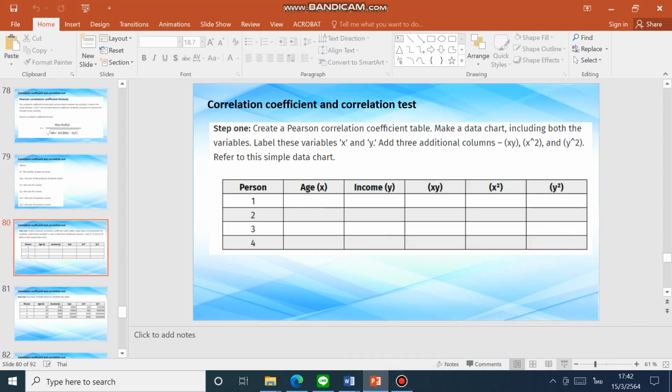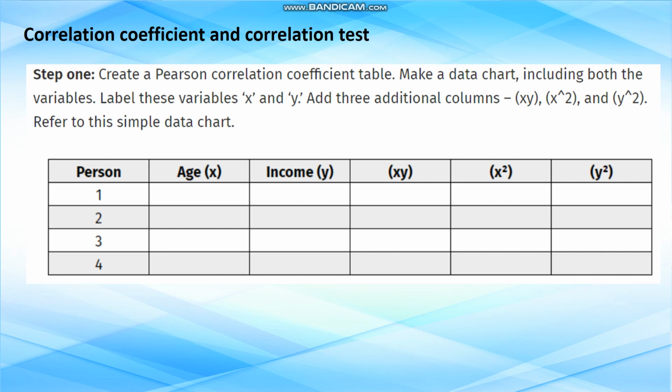Let's continue. Step one, we create a table with person 1, 2, 3, 4 and five columns: age x, income y, x times y, x squared and y squared. Then you create the Pearson correlation coefficient table, we call it the R table.